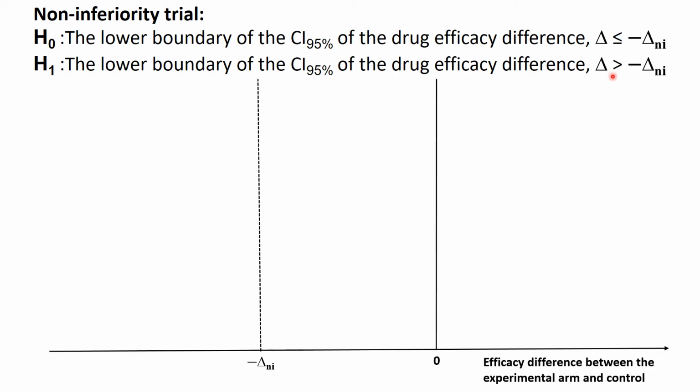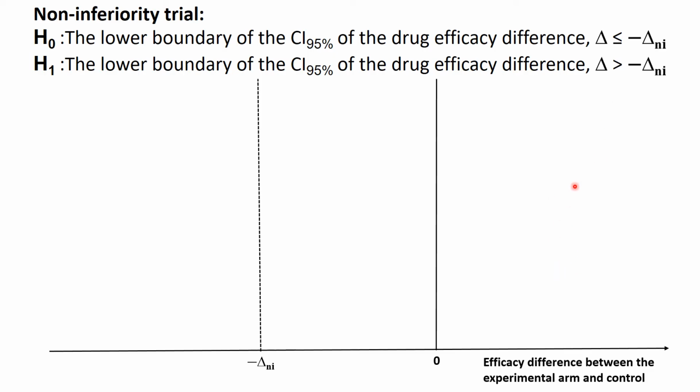This is the hypothesis actually. We are trying to say, okay, the experimental treatment is lesser than the existing treatment or the control arm to some extent, but that difference between the experimental arm and the control arm, as we've agreed before the experiment, should be limited.